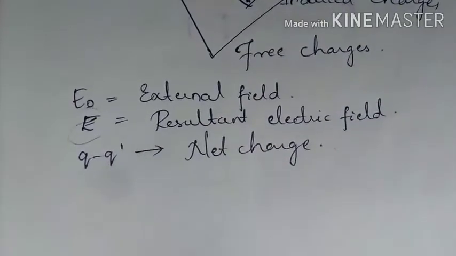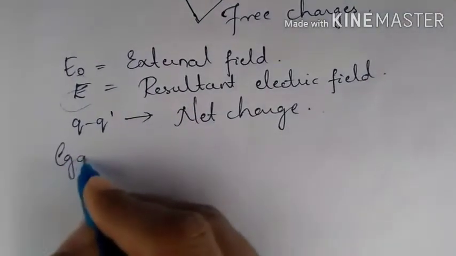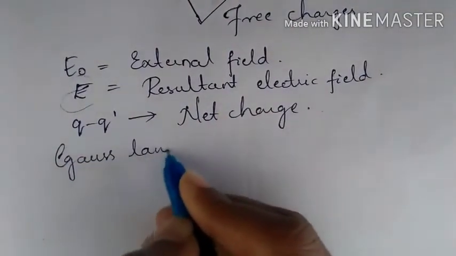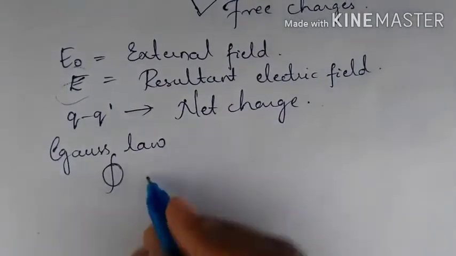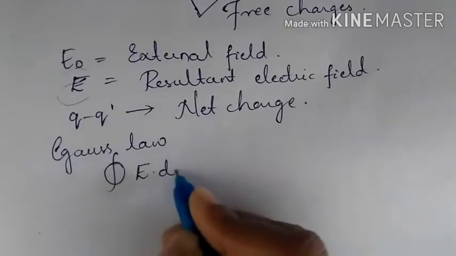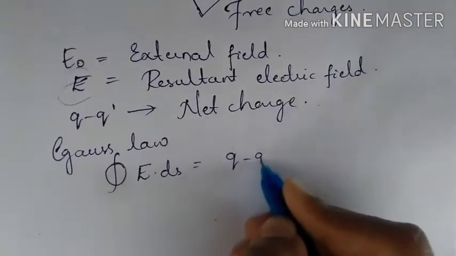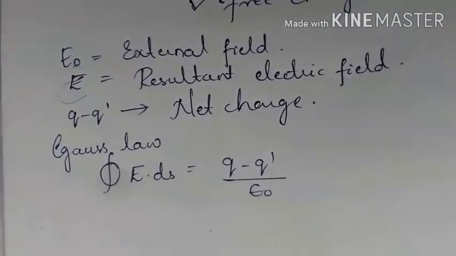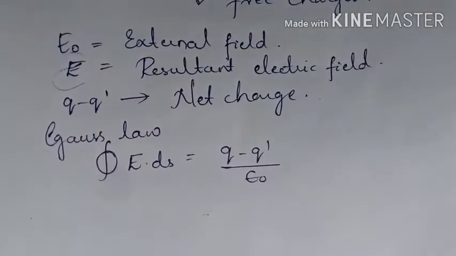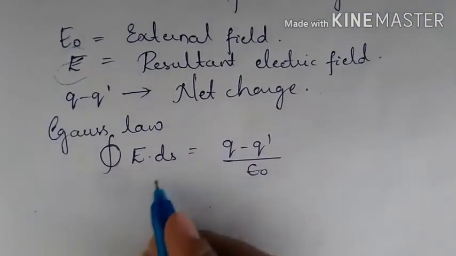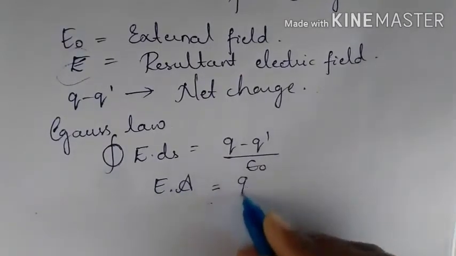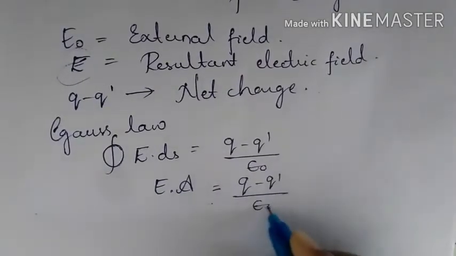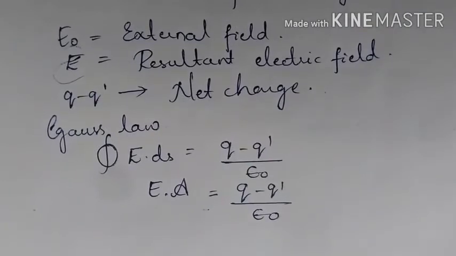Again consider Gauss law. From Gauss law, we can write the integration over the closed surface E dot dS as (Q minus Q prime) divided by epsilon naught. And the integration over dS will give you A, so E times A is equal to (Q minus Q prime) divided by epsilon naught.